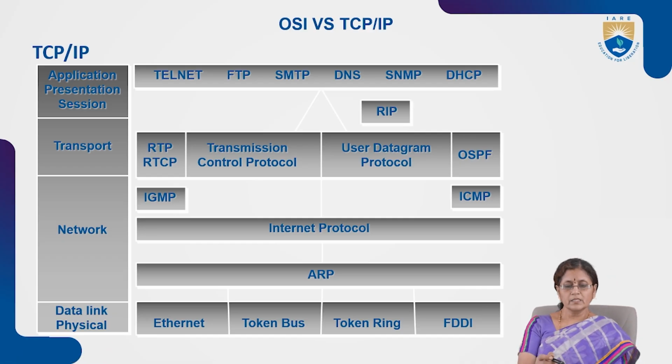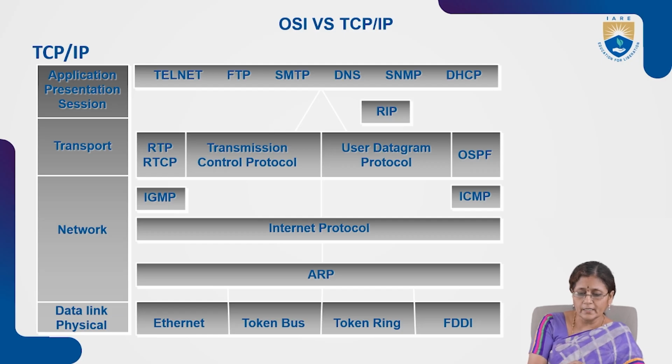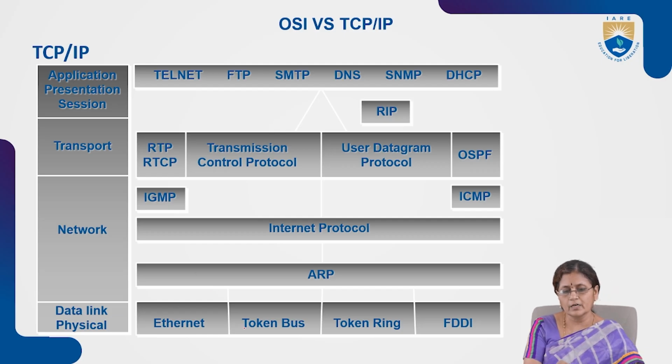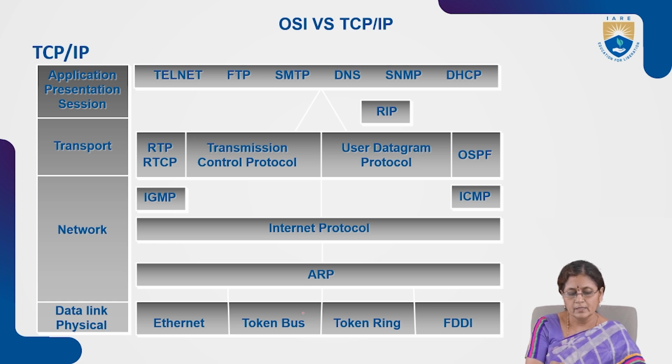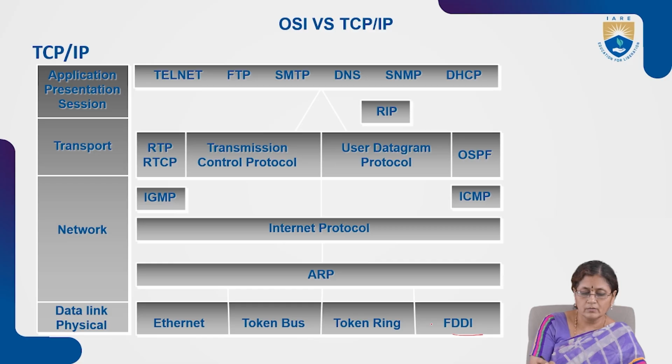This layer is confined to different protocols, that is Ethernet, token bus, and token ring. All these come under the link layer protocols. Token bus and token ring, and also FDDI, we will study in the next modules.